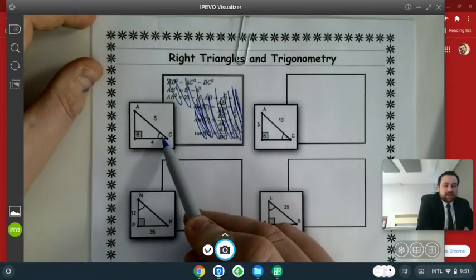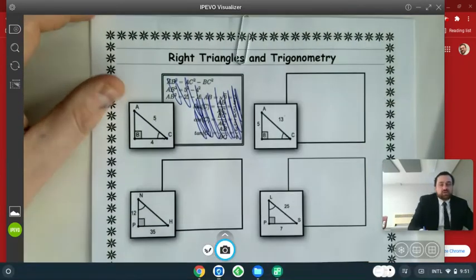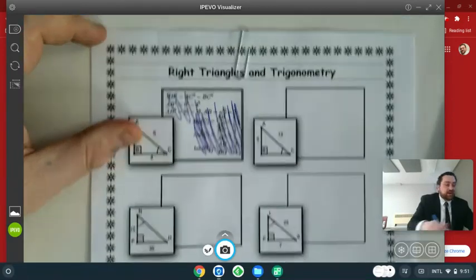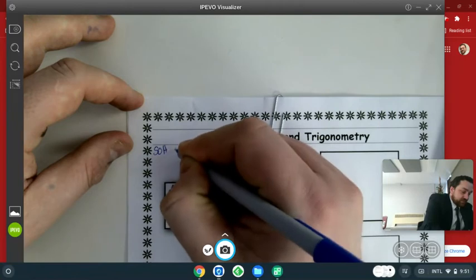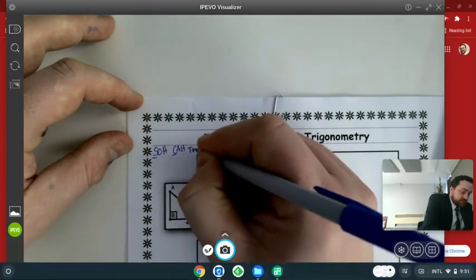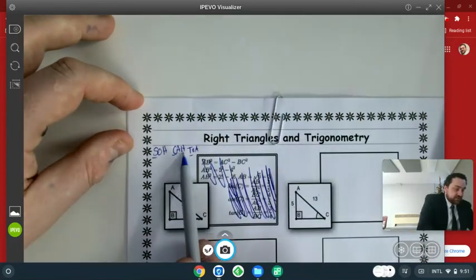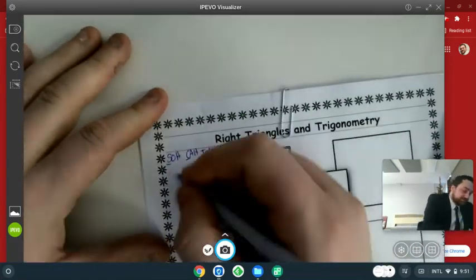All right, if this is my angle and I know this side, that's the adjacent, right? And then that's obviously the hypotenuse. So what tool has the adjacent and the hypotenuse? I always have to do SOH CAH TOA still. So adjacent and hypotenuse, that's a cosine. So I want to use the cosine for this, okay?